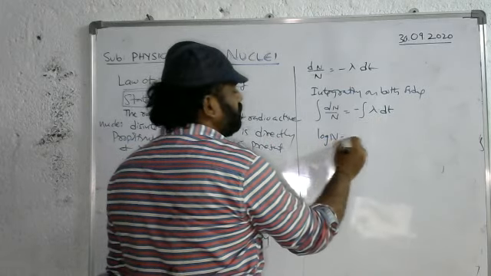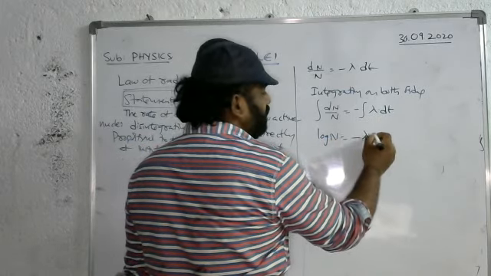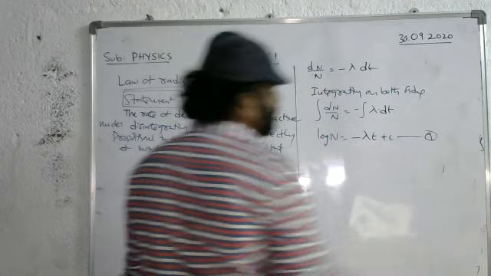We have log N is equal to minus lambda t plus c. Let this be the first equation.